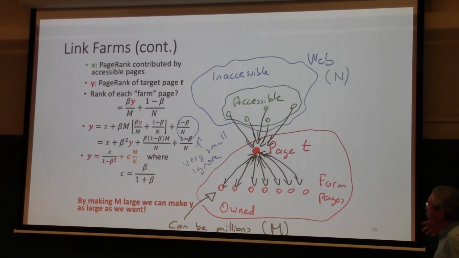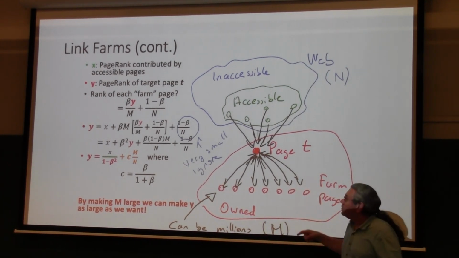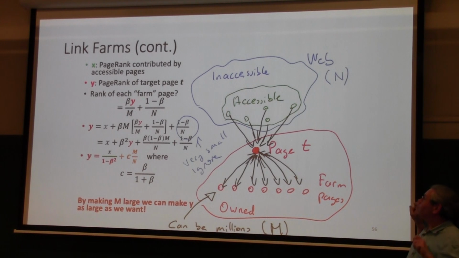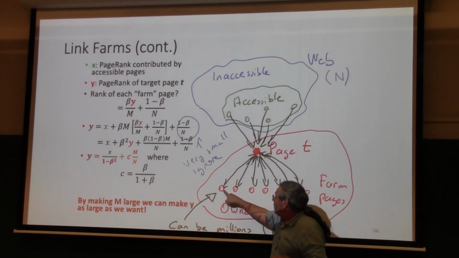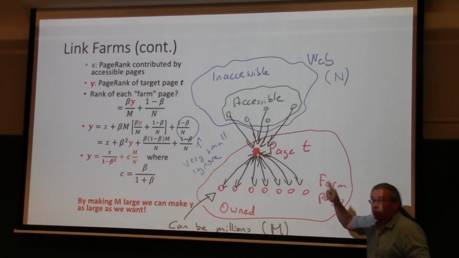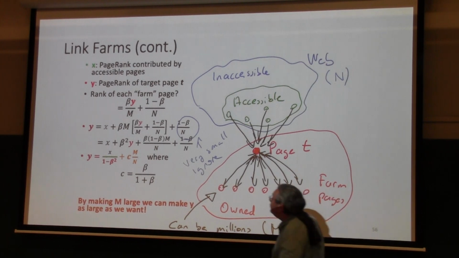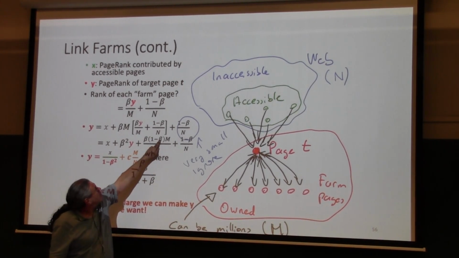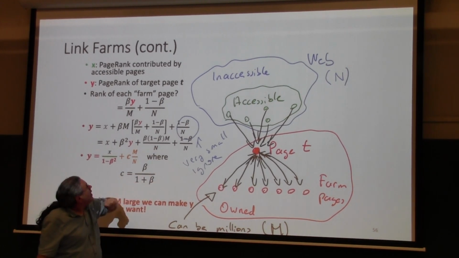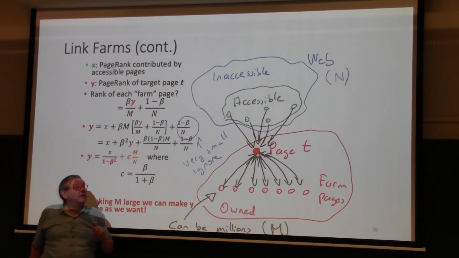So how can that work? What is really the idea here? Well, it's because these farm pages all get teleportation going to them, and the more you have of them, the bigger the fraction of teleportation that will go there. So the teleportation here is 1 minus beta over n times m. It depends on the fraction m over n.